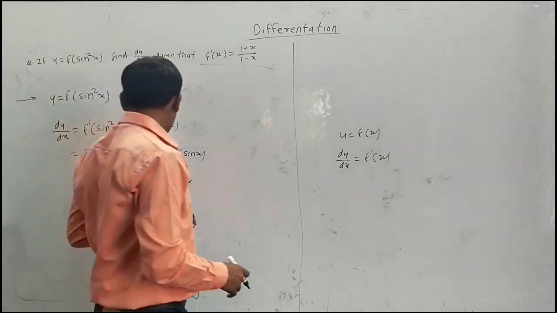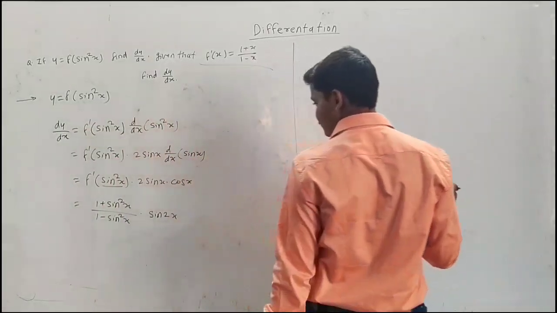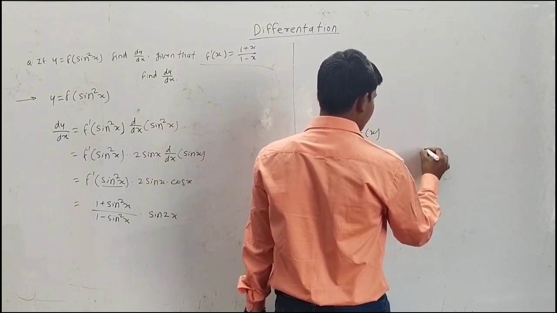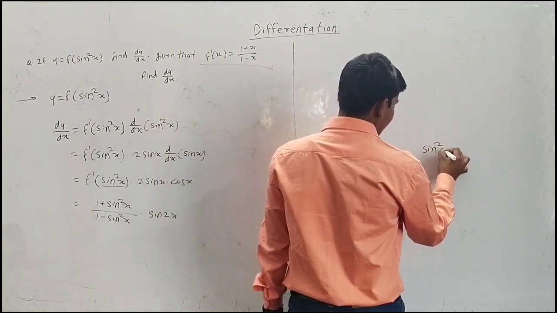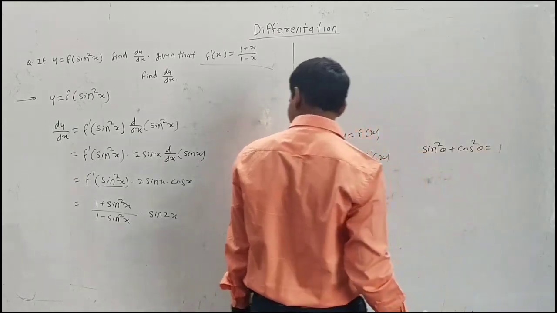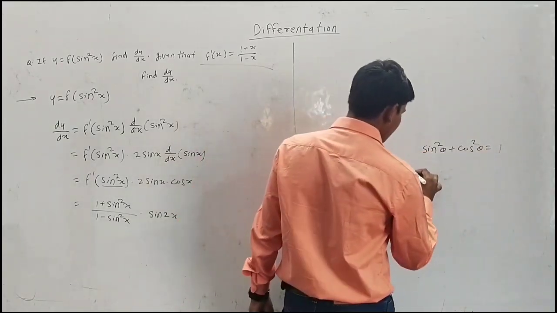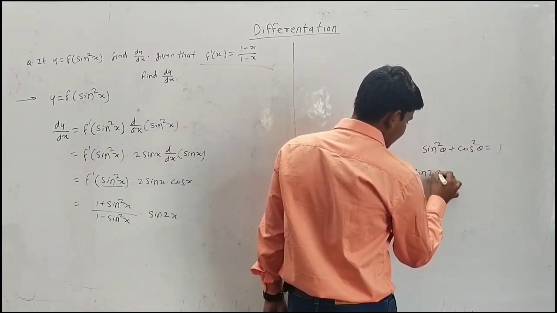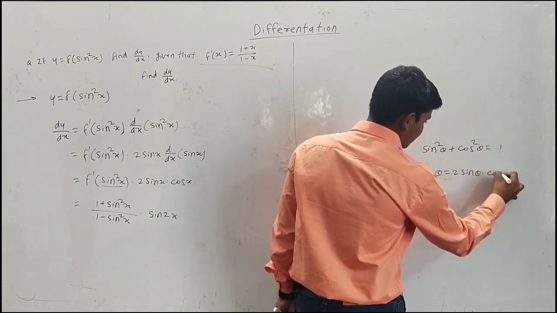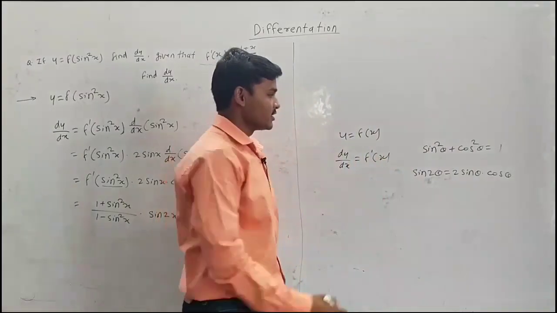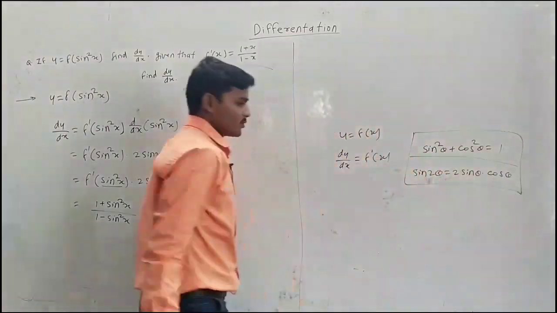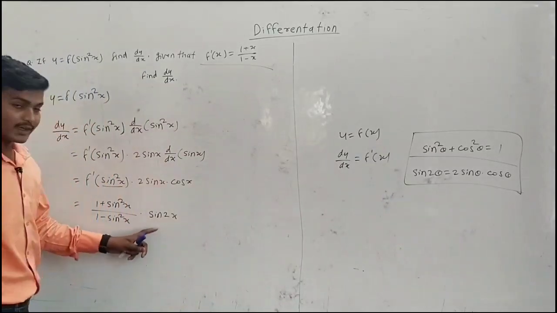We have two formulas applied here. The first identity is sin square theta plus cos square theta equals 1, and another one is sin 2 theta equals 2 sin theta into cos theta. These two formulas and identity we have to use here.